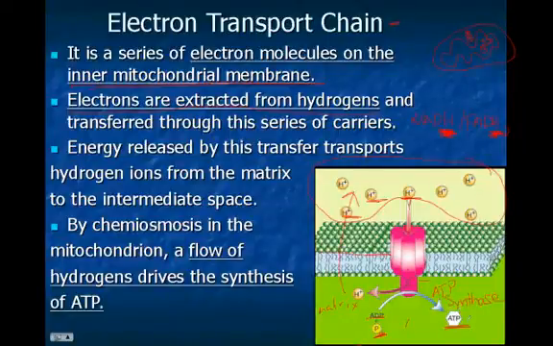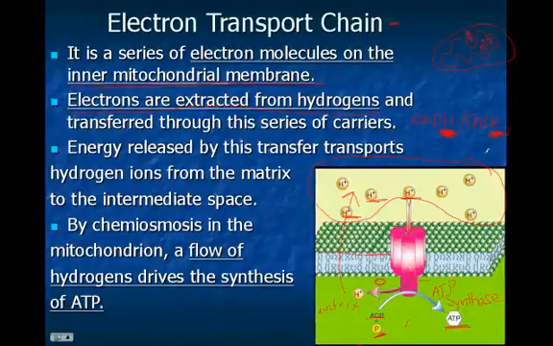Now, it doesn't show you that in this picture, but we end up with these electrons at the very end of the electron transport chain, and we need something to catch those electrons. And so we have oxygen at the very end of the electron transport chain to accept the electrons that were originally dumped by these two carrier molecules.